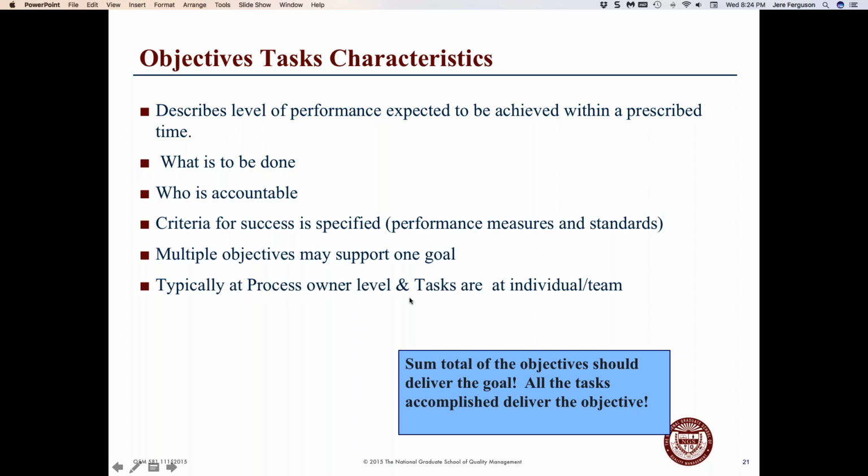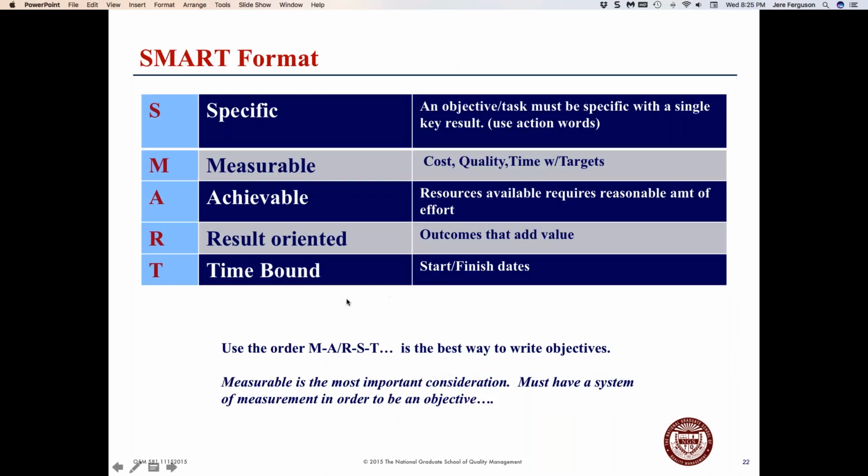Typical at the process owner level, and tasks are at the individual level. So the process is typically going to be the owner of the process, and a task is going to be an individual or a team, like for example a maintenance team or the maintenance department supervisor. It's going to be assigned to a person or a small team.